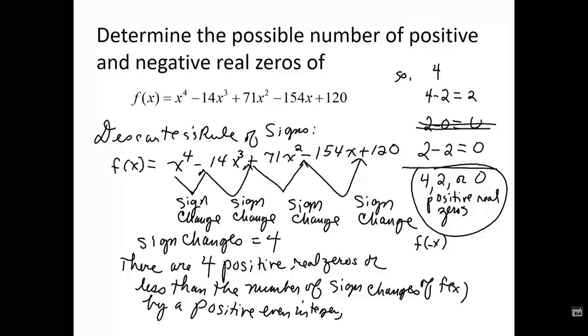But since f of minus x has no changes of signs, there are no negative real zeros.